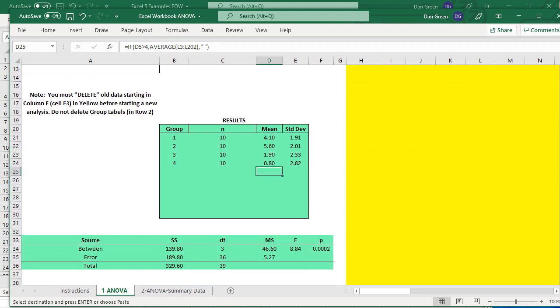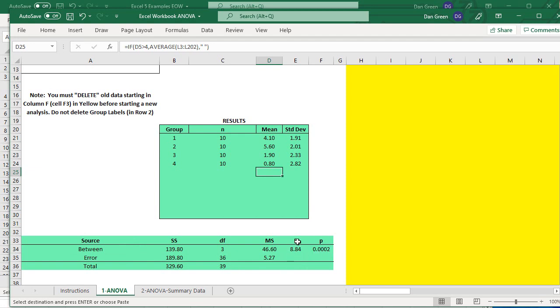We scroll down a little bit further here. It tells us the amount of variation in the data here. So sum of squares, that's talking about variation in the data, and this is the between groups and then within groups. And what you want to be looking at here is that p-value right there.